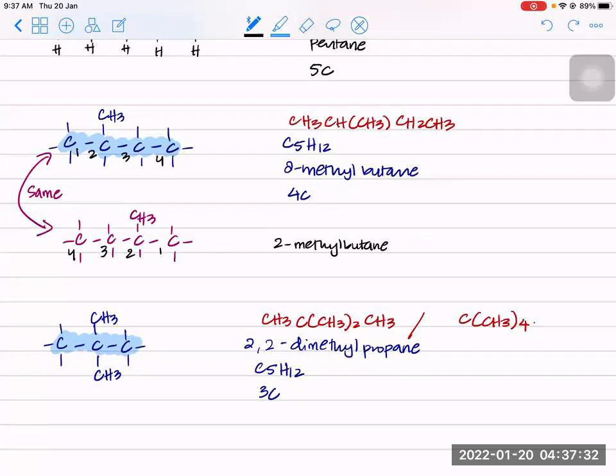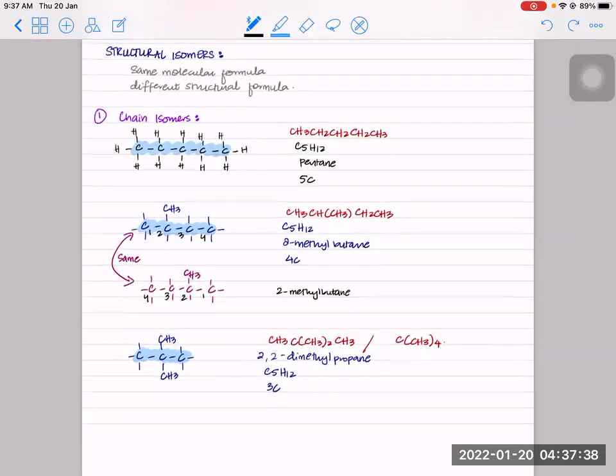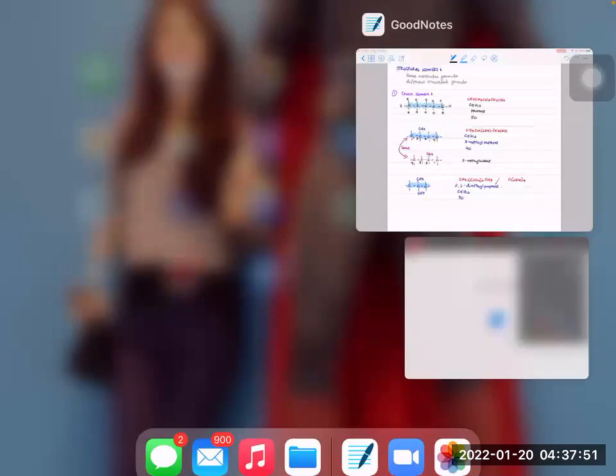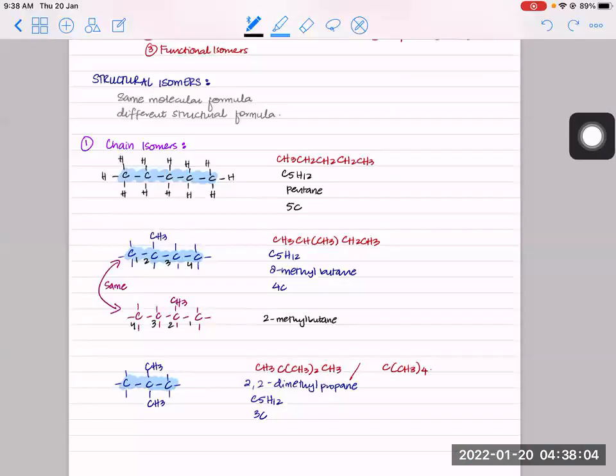They will be the same. If the name is the same, it's the same thing. All right. So can we say C5H12 has three chain isomers? Is this clear? Do you understand the second type, which is positional isomers?